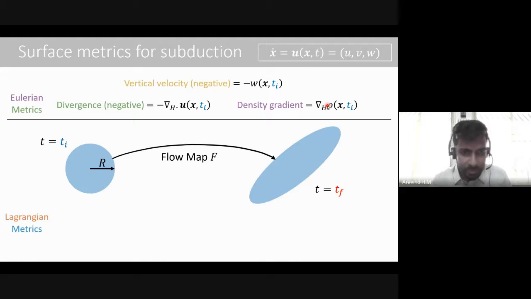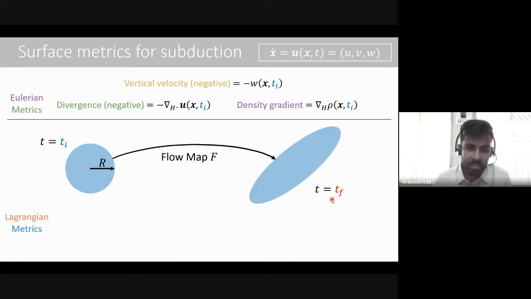So essentially, if I consider an infinitesimally small circular fluid patch at the initial time t naught, and I let it evolve over time in the velocity field, I can define a flow map f that maps the initially circular fluid patch to an elliptic patch at the final time tf.